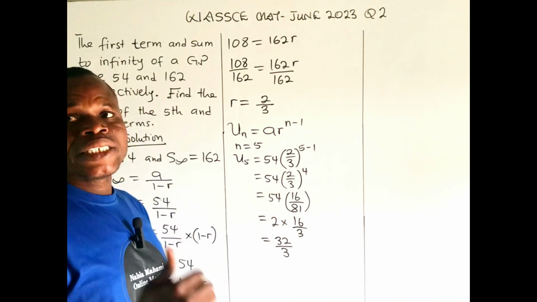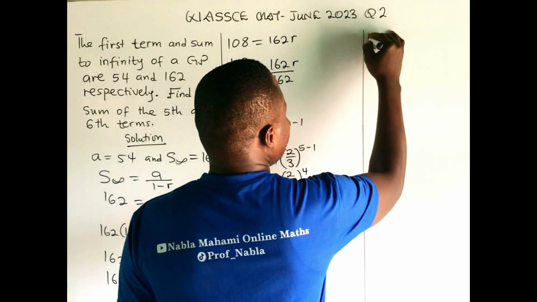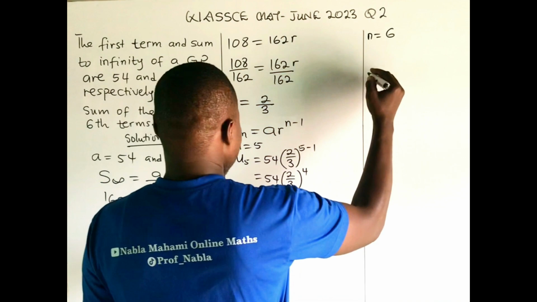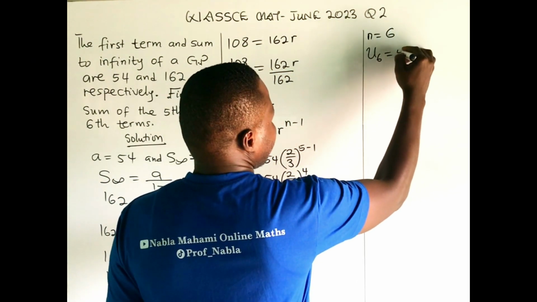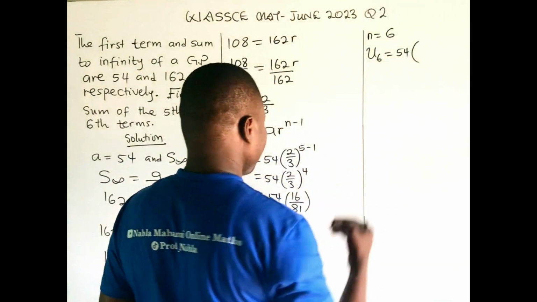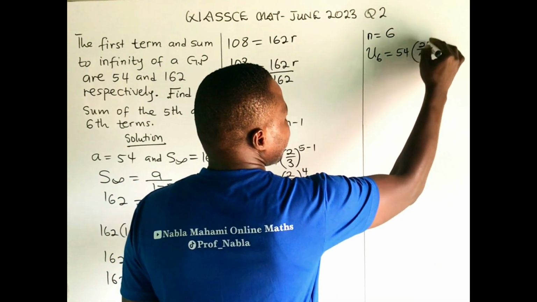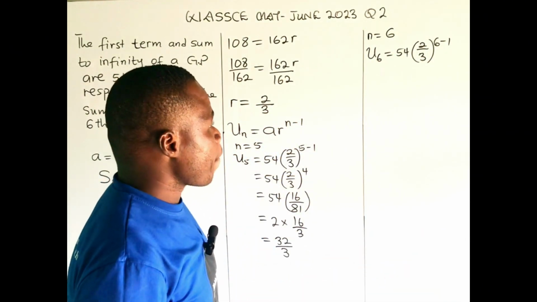Then we now find the sixth term. For the sixth term, it means that here n is equal to 6. Using this formula, I'll have u subscript 6 equal to my first term, which is 54, into the common ratio 2 over 3 to the power 6 minus 1, because n is 6 there.